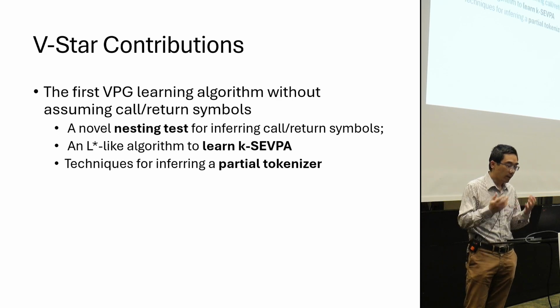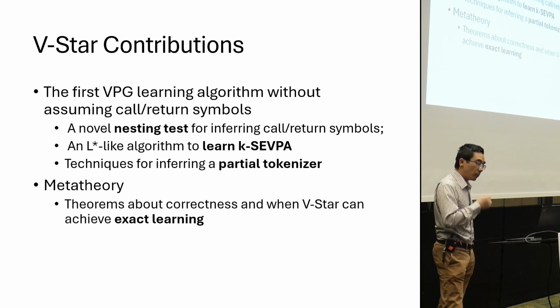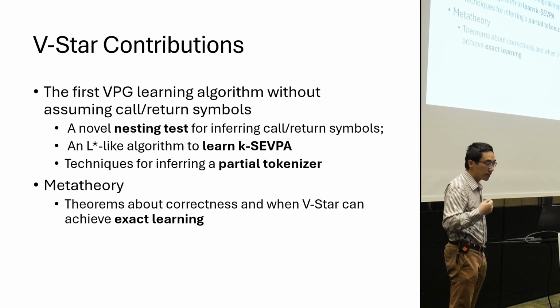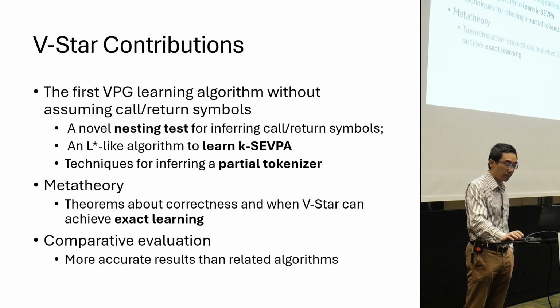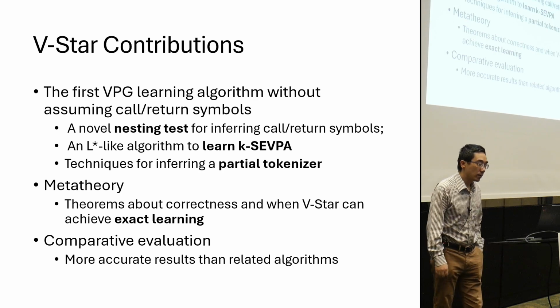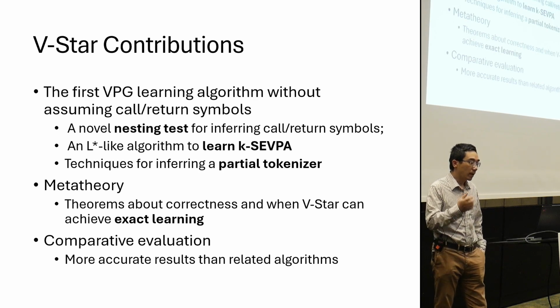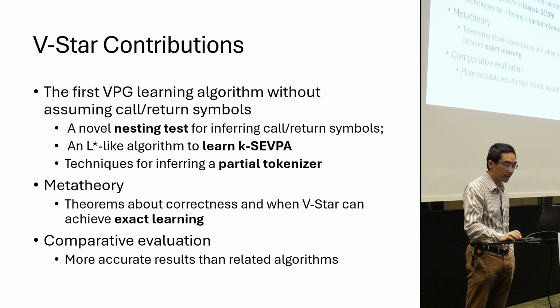We also have techniques for inferring a partial tokenizer. On top of that, we develop meta-theory. We have theorems about correctness, as well as when V-Star can achieve active learning, exact learning, sorry. And then we also develop a comparative evaluation and show we have more accurate results than related algorithms.